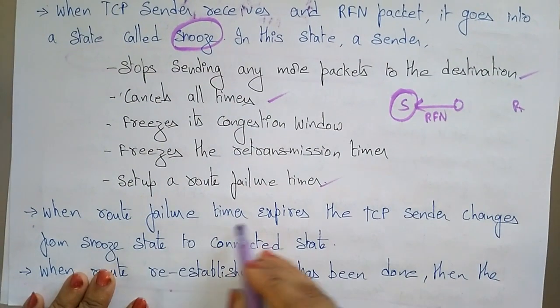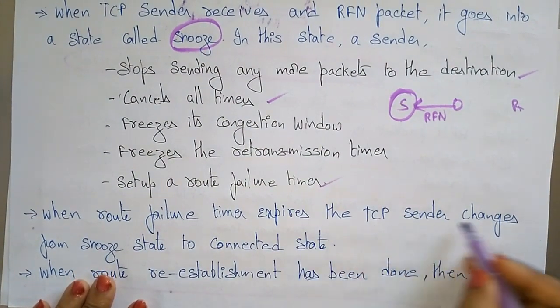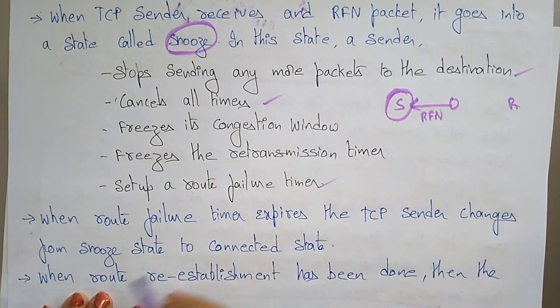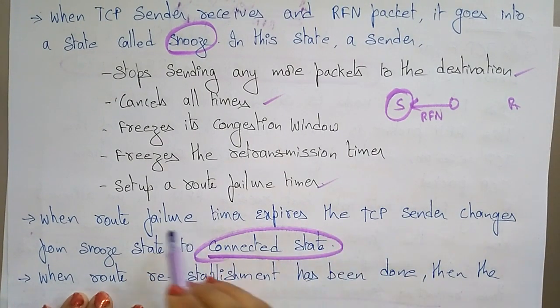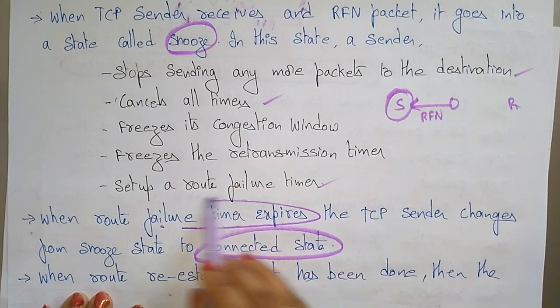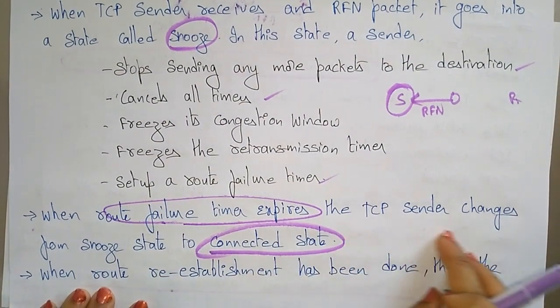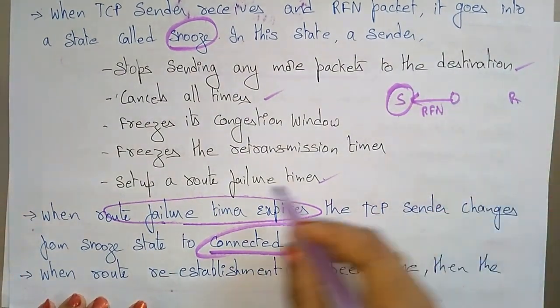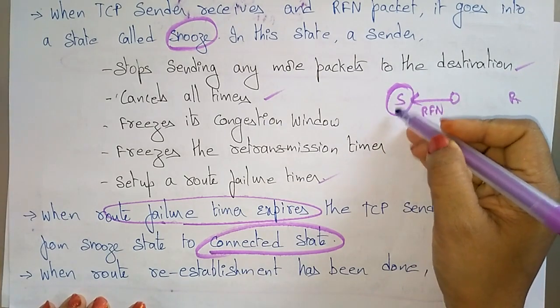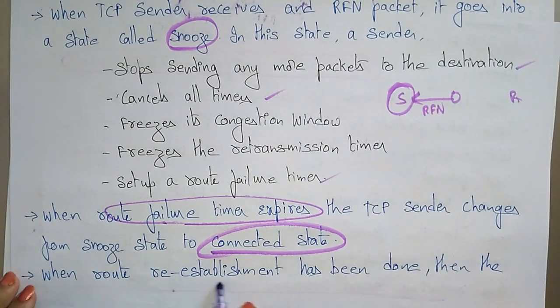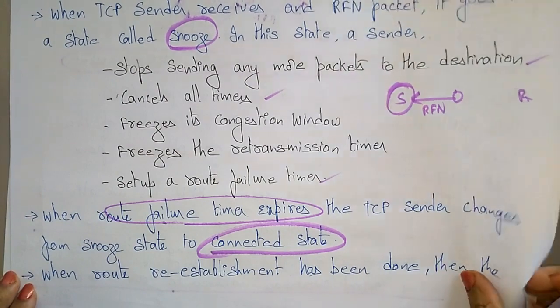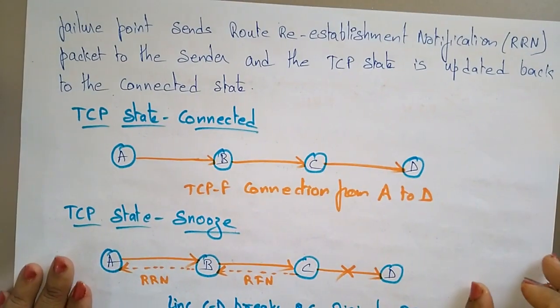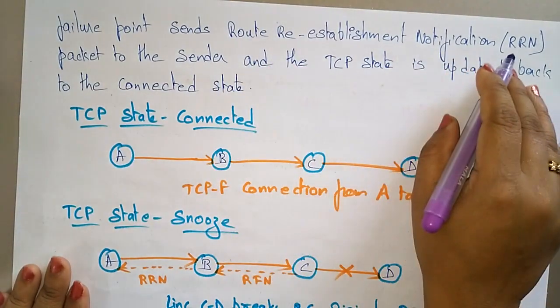Suppose the root failure timer expires, then the TCP sender changes from snooze state to connected state. When root re-establishment has been done, the failure point sends a root re-establishment notification.